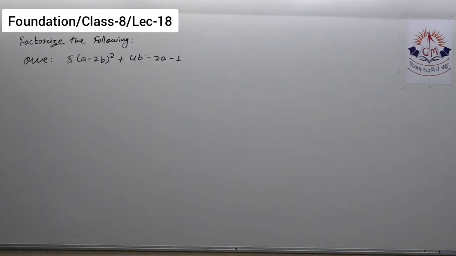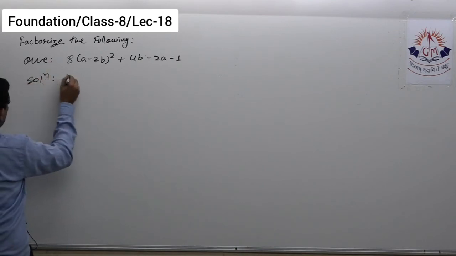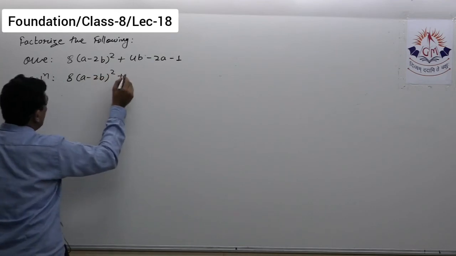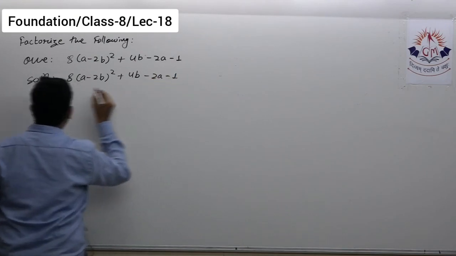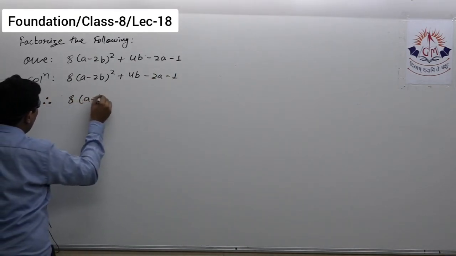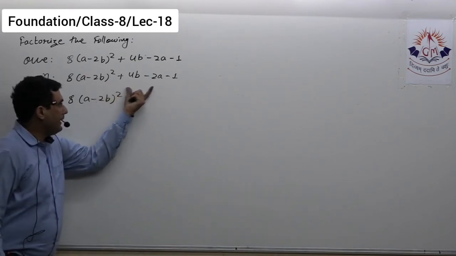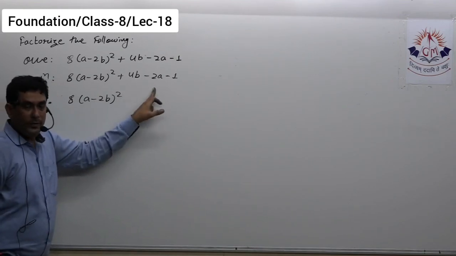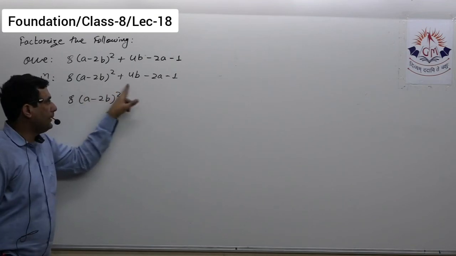Okay, so let us see how to find its factors. 8a minus 2b whole square plus 4b minus 2a minus 1. Here if you observe, if I take 2 common, I might get a minus 2b, or if I take minus 2 common, definitely I will get 8 minus 2b.